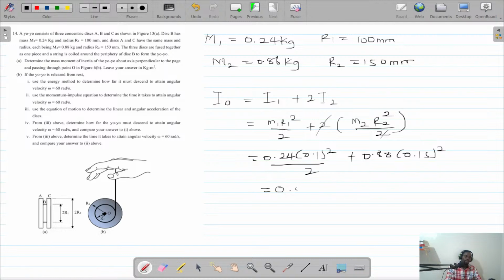So we have 0.021 kilogram meter squared. Leave your answer in kilogram meter squared.